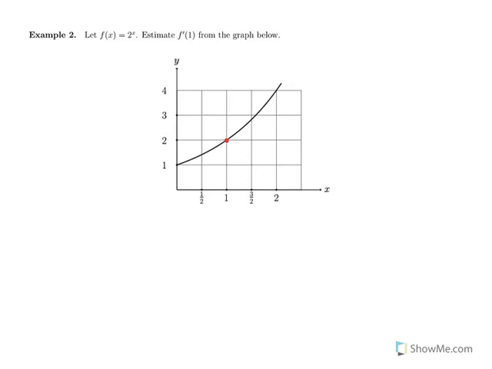I'm going to draw a sketch of the tangent line to the best of my abilities and estimate the slope of this line. That's going to give me an estimate for f prime of 1.